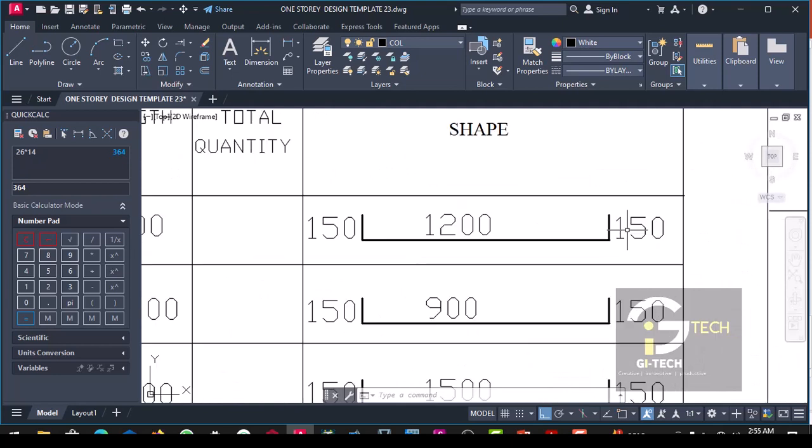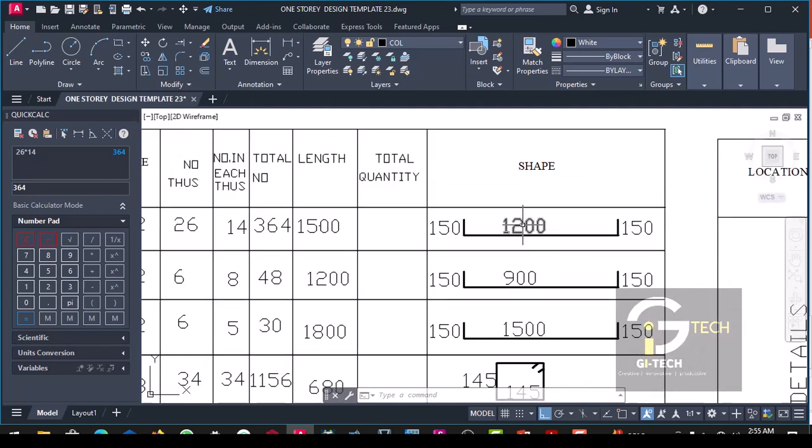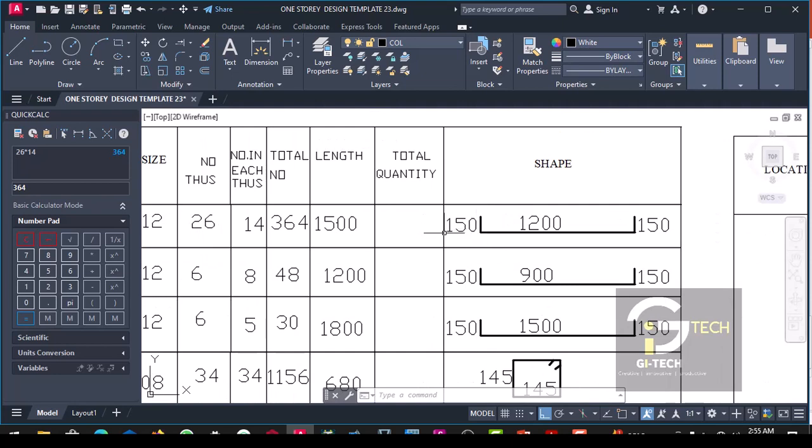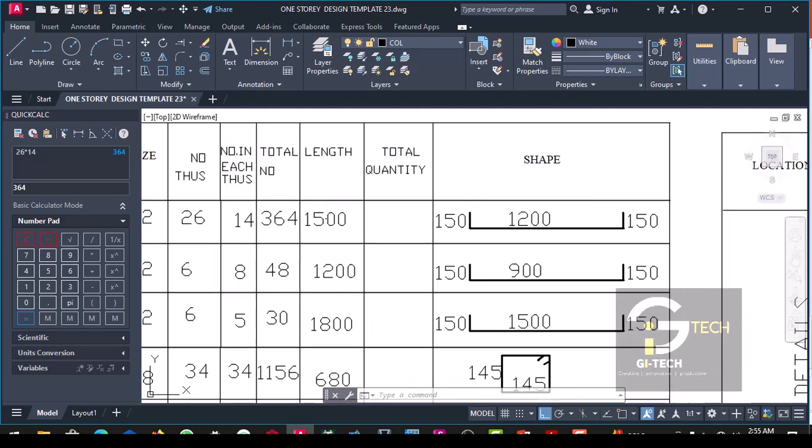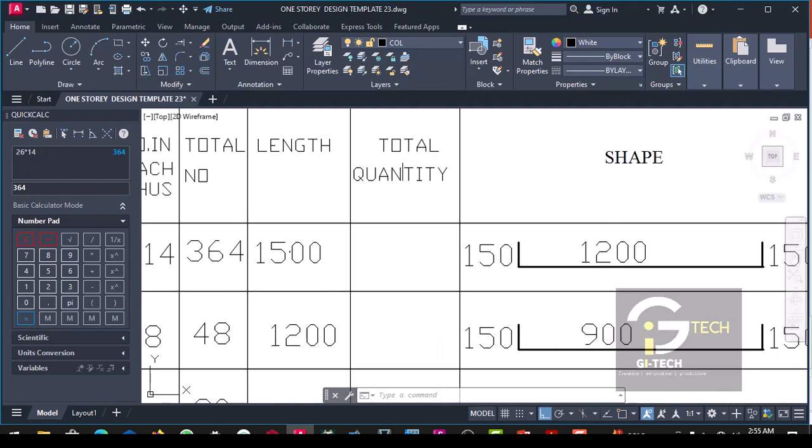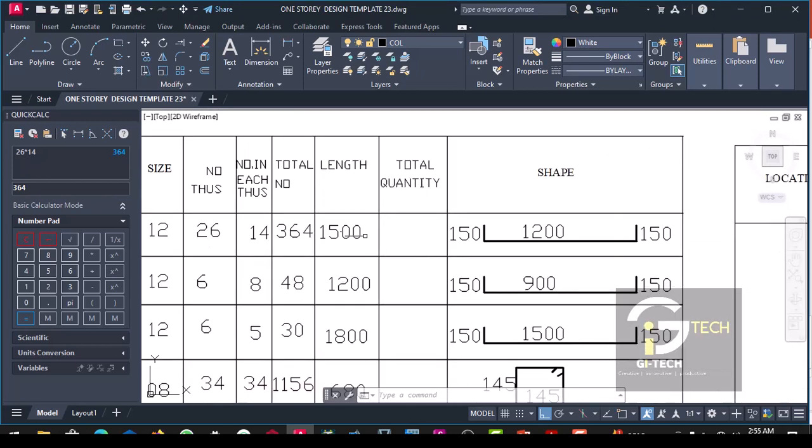So when you add this 150 to 1,200, then add this 150 again, you have 1,500. Now, for us to have the total quantity of the reinforcement, we simply multiply 364 by 1500. So let's do that. 364 times 1500.